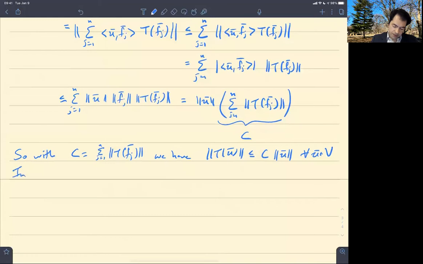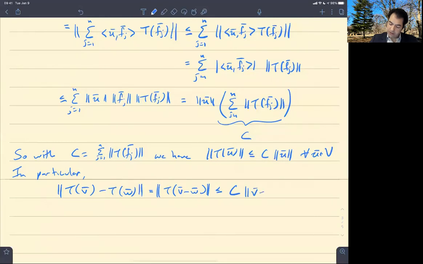Okay, in particular, the size of T of V minus T of W, well, that's equal to the size of T of V minus W. And so it's bounded above by this constant times the size of V minus W. And that is what we wanted to check.